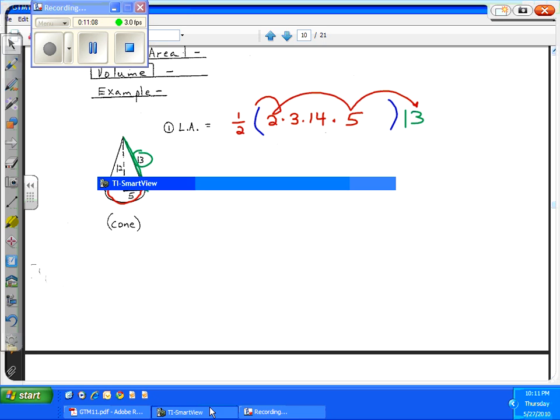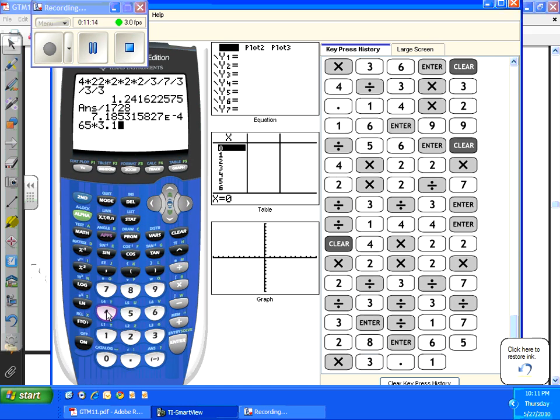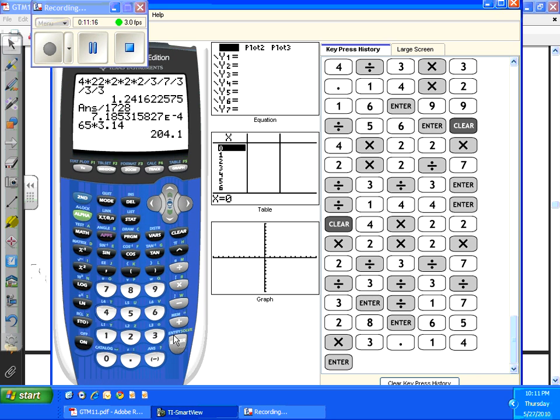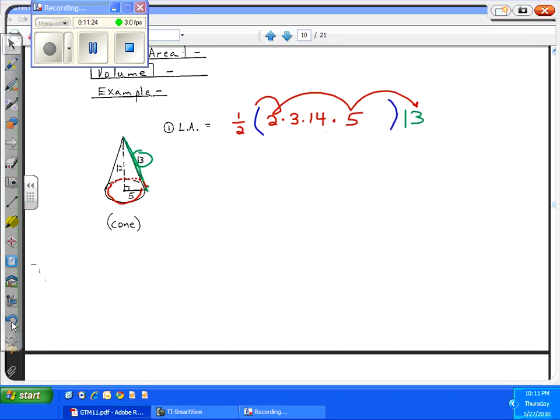So I'm going to go to the calculator and do the rest. 65 times 3.14 is 204.1. And so the lateral area is 204.1. I'll write that a little bit better.